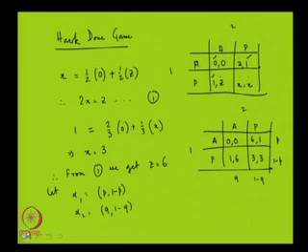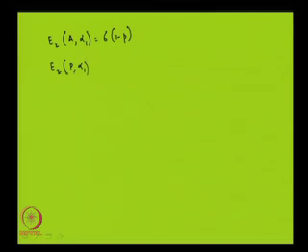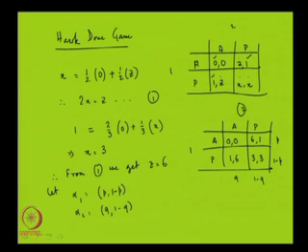Now, from player 2's point of view, if he plays A, the expected payoff to him is 6 multiplied by 1 minus P. And if he plays passive, given that player 1 is playing alpha 1, then he is getting P plus 3 multiplied by 1 minus P.